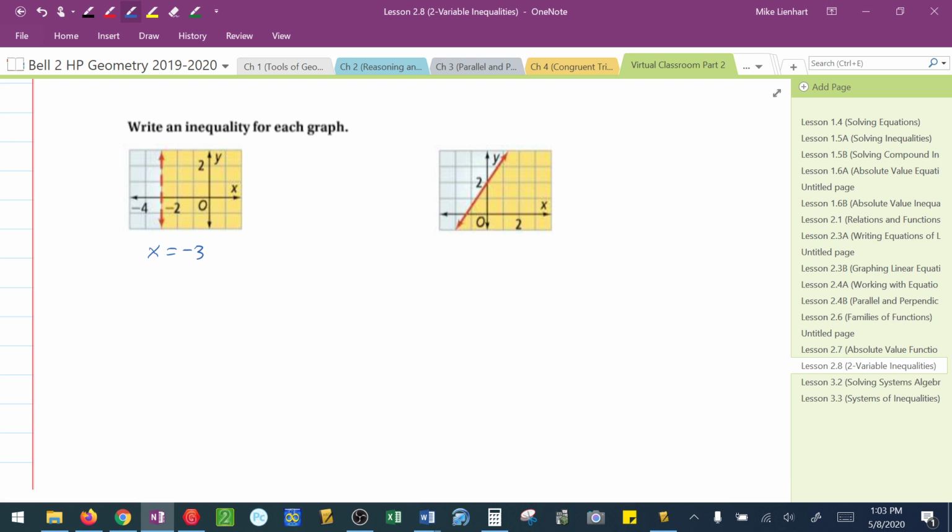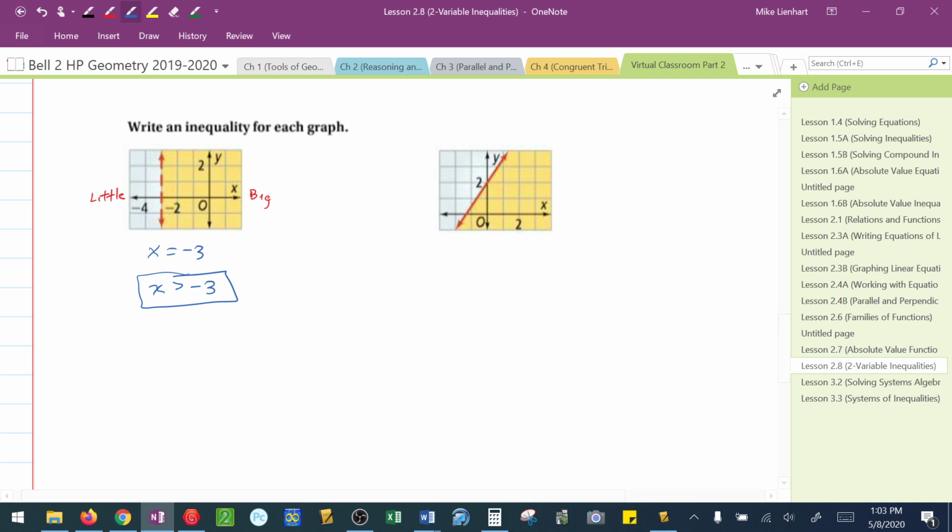So if we have x's, we can use the same concept of big and little to help guide us. In this case, the shaded region is to the right of that line, or towards big, which means greater than. So I know that my equation here would be x is greater than -3. I'm done. That's it.